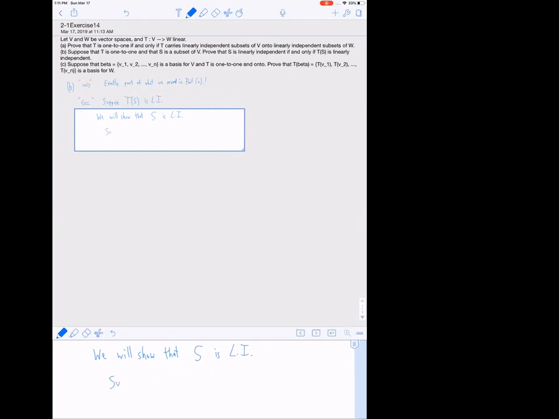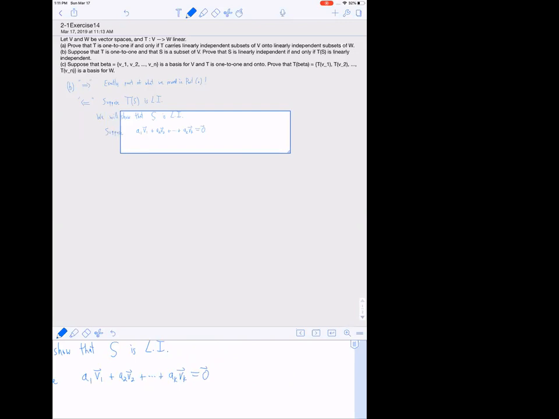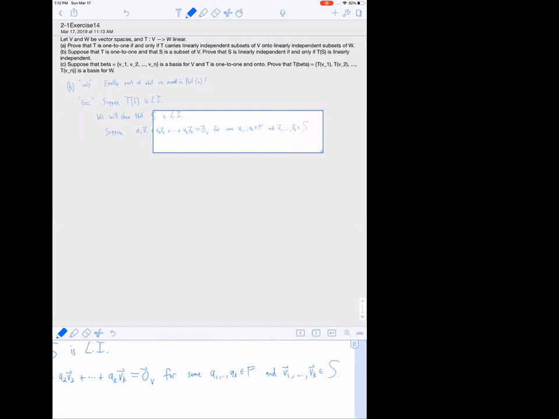So suppose that a1 v1 plus a2 v2 up through, let's say, ak vk is equal to the zero vector from V, for some a1 through ak in the field and v1 through vk in S, right?